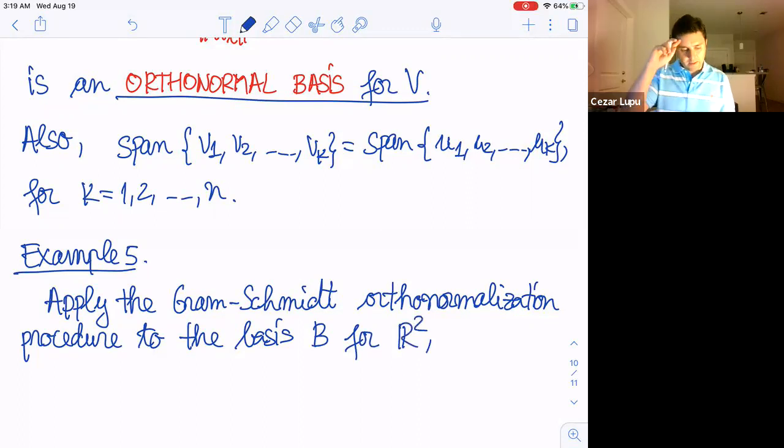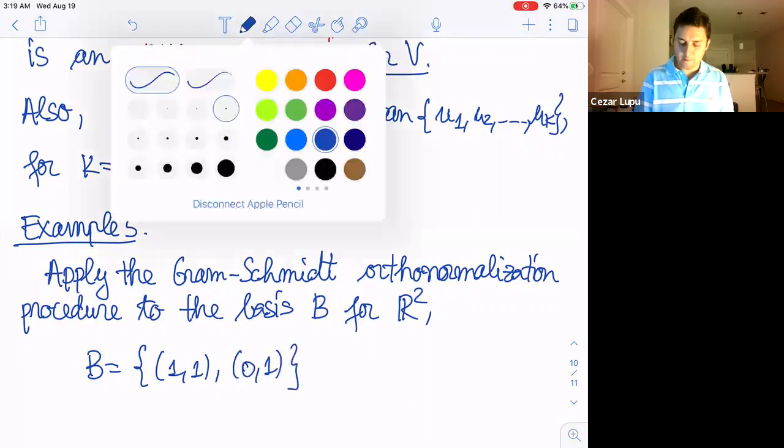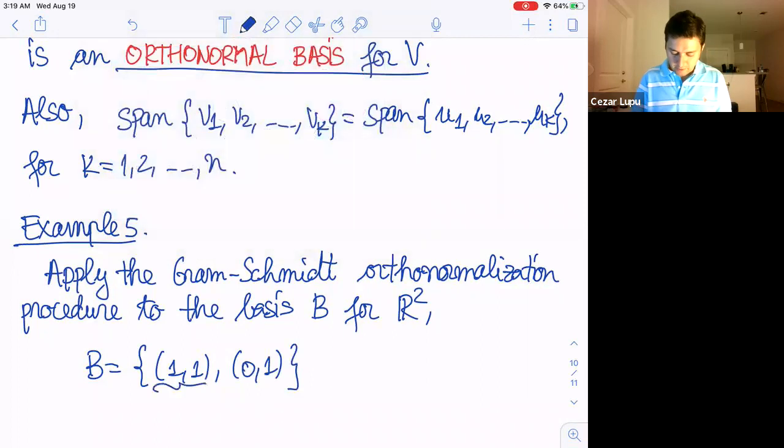And this basis B is given by two vectors, 1, 1, and 0, 1, let's say. It's actually simple. This is my vector V1, and this is my vector V2.